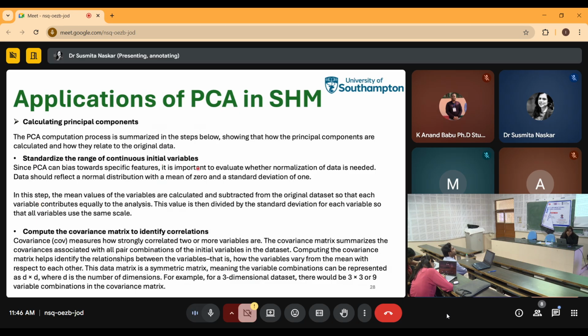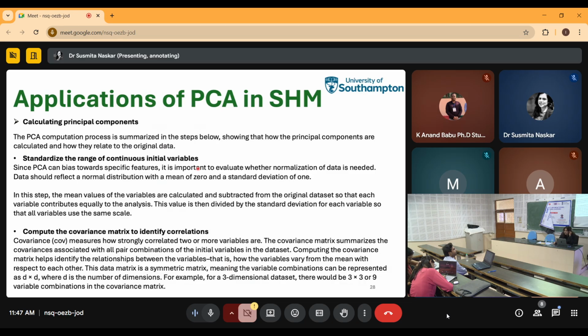And how do we standardize the data? The first step is that we standardize the range of continuous variables, okay? PCA can be biased if some variables have much larger numerical ranges than others. We have to be careful, so to fix that, we subtract the mean from each of these variables and divide by its standard deviation.